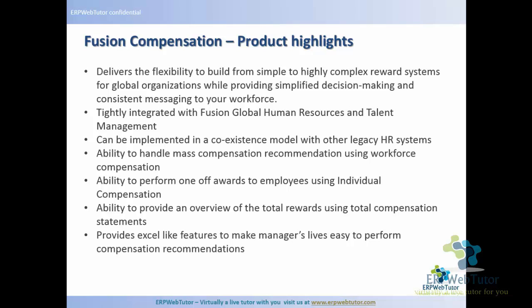Okay, it's one sentence, but it actually covers a lot. Now you can use Fusion compensation to do some simple worksheet allocations, and you can also handle a lot of complex formulas and that kind of stuff using this particular module.